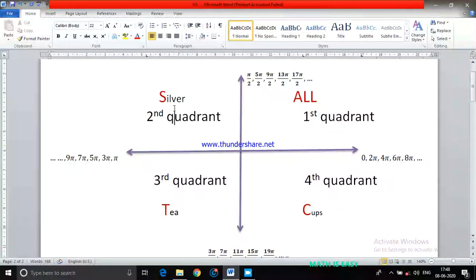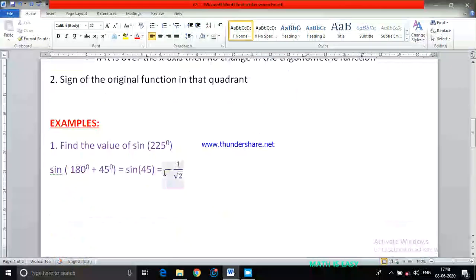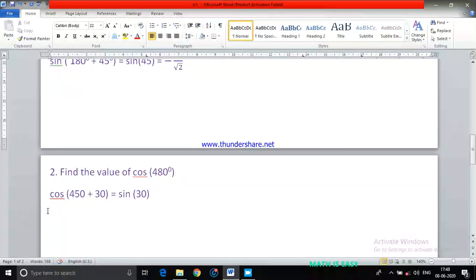Sine and cos both are positive there, so I need not worry about the sign. Do you observe one thing here? I changed the cos function to the sine function because it is crossing the y-axis. Sine 30 value is 1 upon 2, and it is positive because cos is positive in the second quadrant.